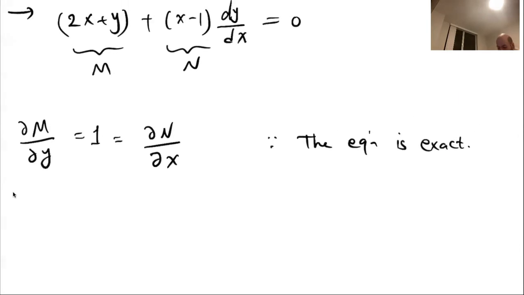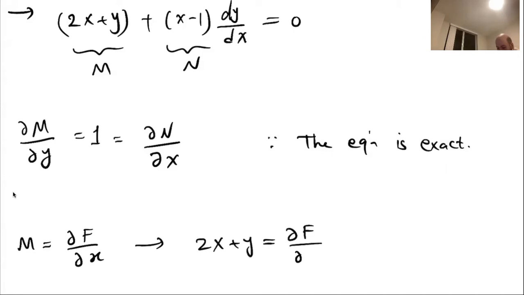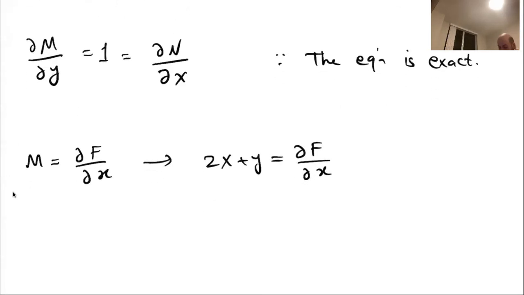Now here we have M equals df/dx, and that means 2x plus y is equal to df/dx.